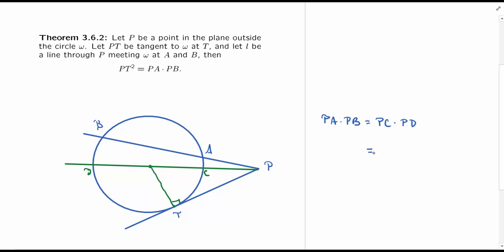I'll call the center here O. I'll replace PC with PO minus the radius, and PD I can write as PO plus the radius.